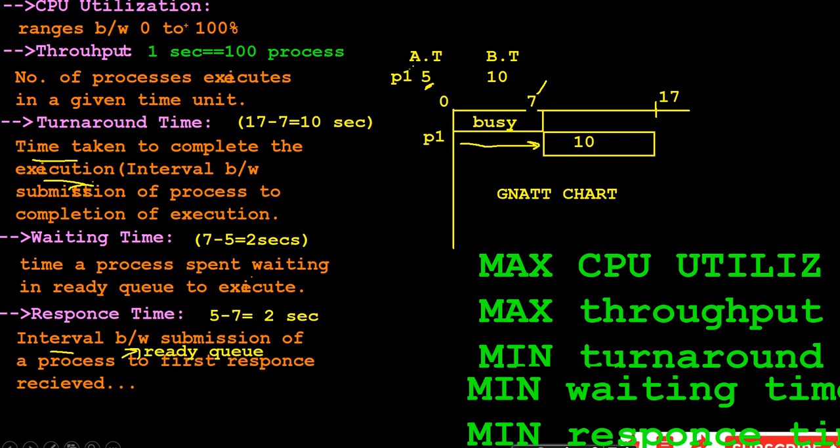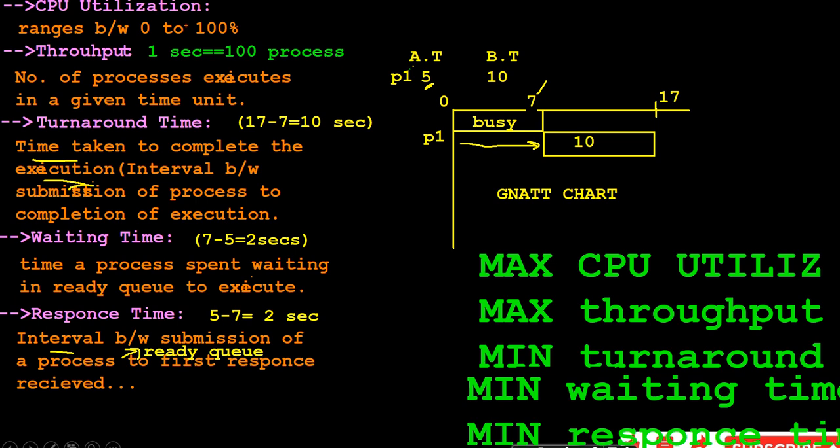I hope that these concepts are very clear to you. Before scheduling the processes, the CPU will consider the scheduling criteria. Generally there are 5 things: CPU utilization, throughput, turnaround time, waiting time and response time.